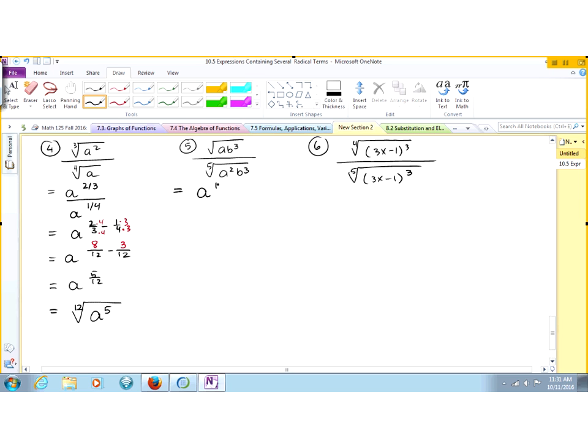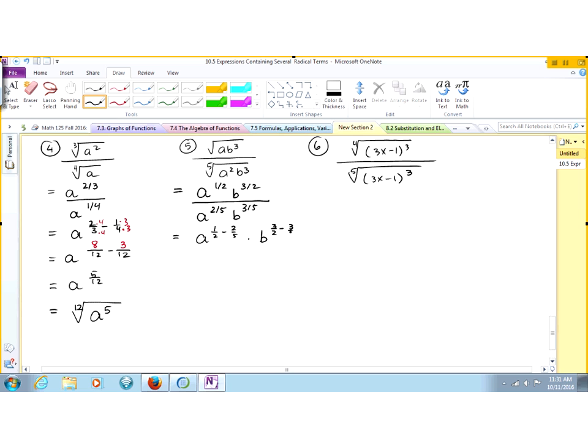Okay. Now the next one is a raised to the 1/2, b raised to the 3 over 2, divided by a to the 2 over 5, b to the 3 over 5. Alright, so what do you do with the a? You subtract the a, 1/2 minus 2 over 5.